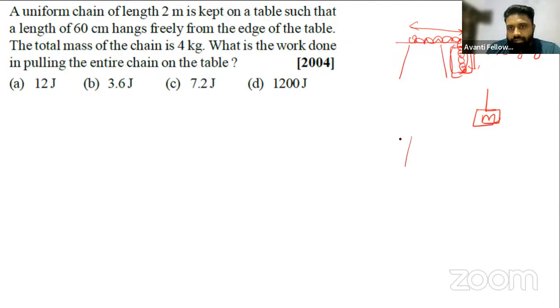So you can replace this situation as a mass tied on it. And this length is nothing but from the point where the hanging has started to the center of mass of it. So you will consider the hanging chain as a block exactly at a distance where the center of mass of the hanging part lies.